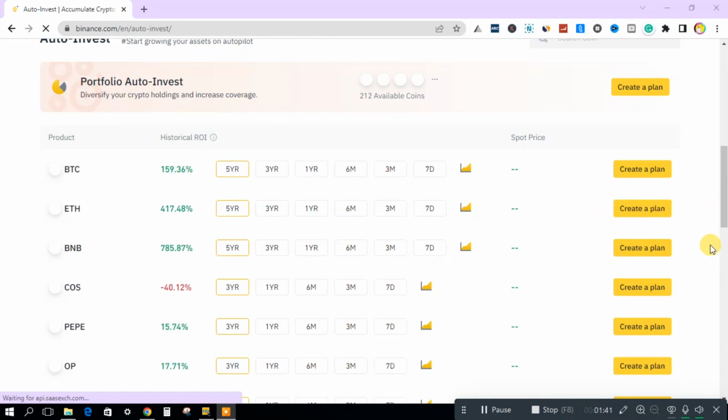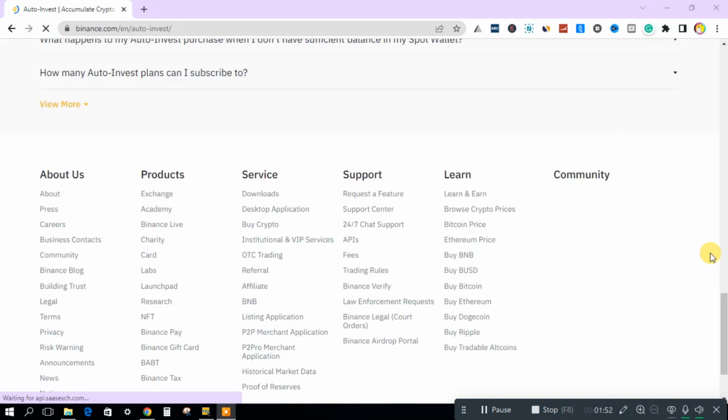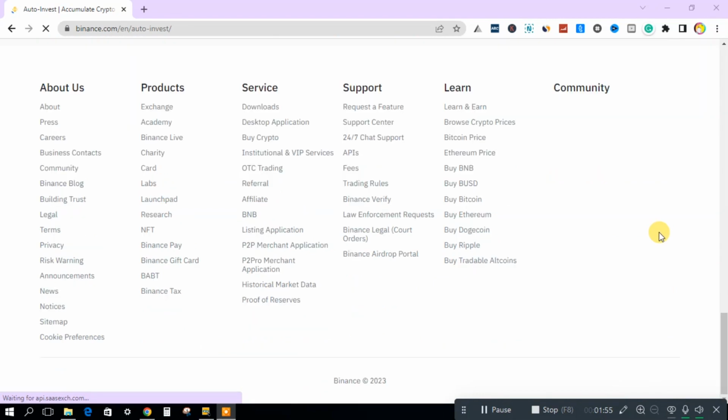So you see, there is a create plan over there. You can choose to invest in only one cryptocurrency, but when a loss happens, it means your money is going to run at a loss, and that's the reason why I would advise you to select multiple assets. Yes, you select multiple assets.